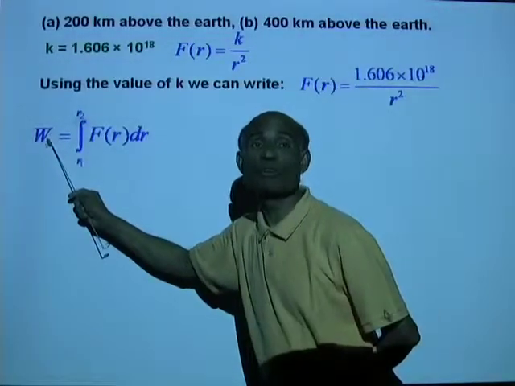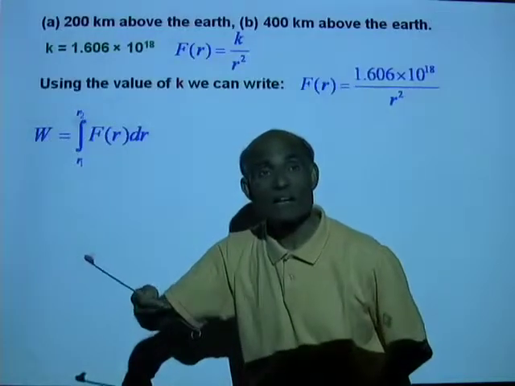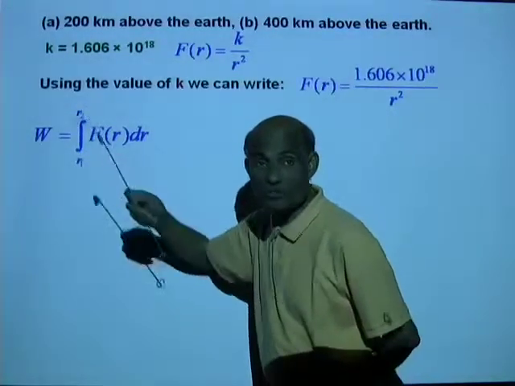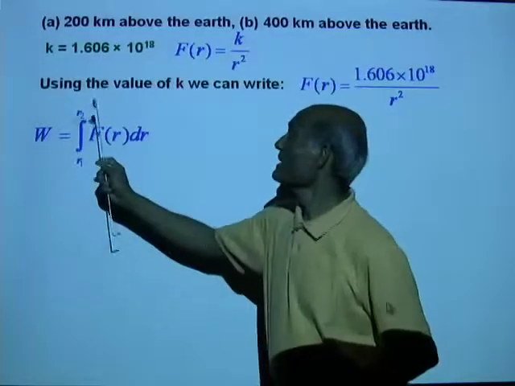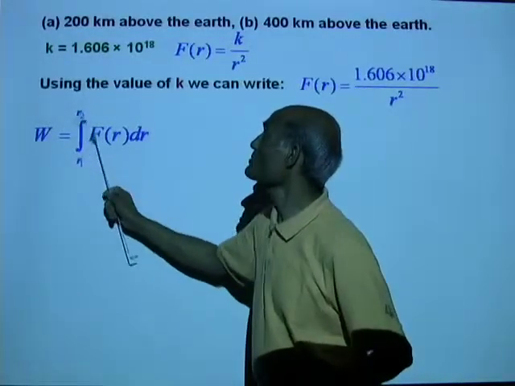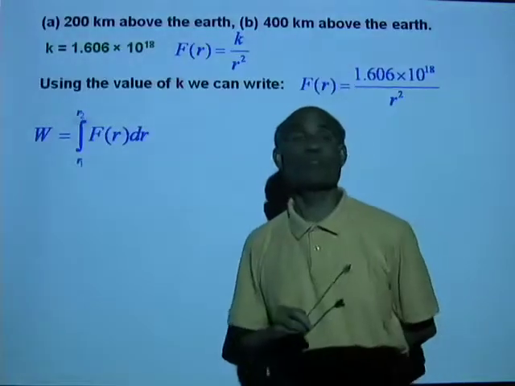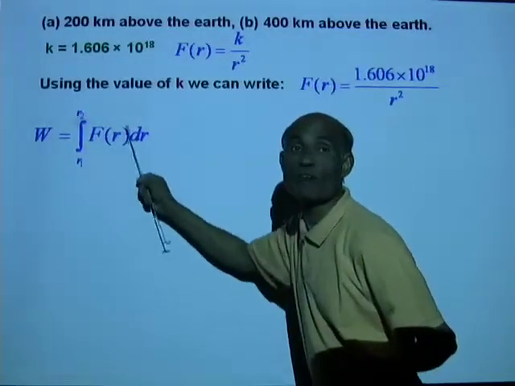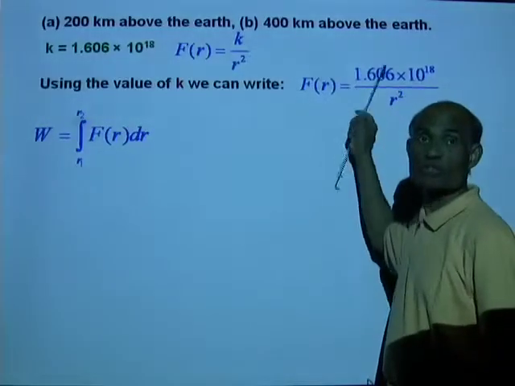And we know this. The total work done to lift the satellite from a distance R1 to a distance R2 from the center of the Earth is the integral from R1 to R2 of F(r) dr. And we can now replace this F(r) with this expression.